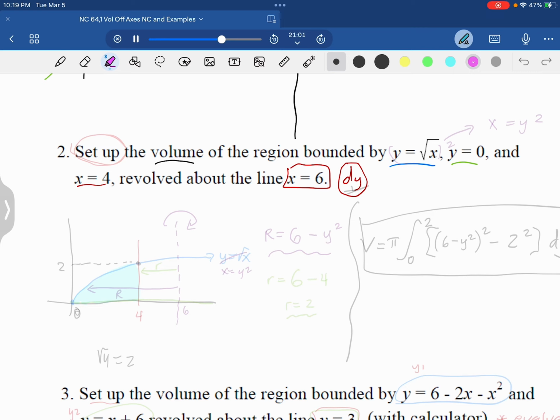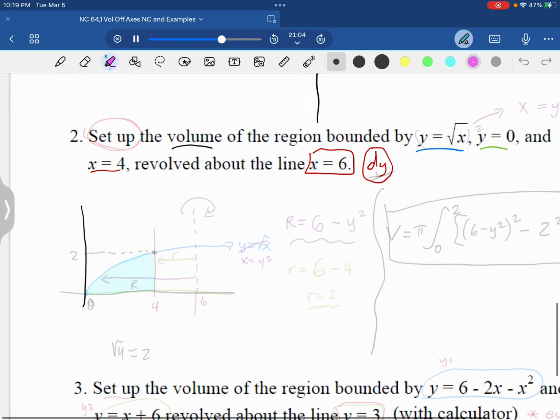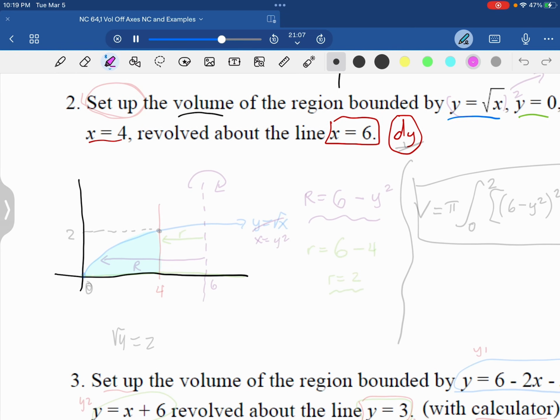So let's set up our region here. I've got y equals square root of x, our sideways half parabola. y equals 0 is basically the x-axis, and then x equals 4 is going to be somewhere over here.